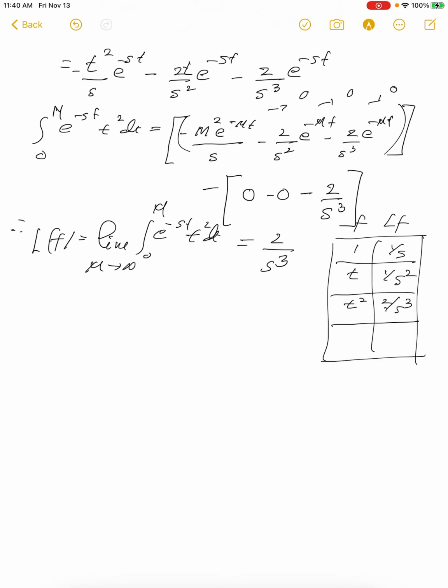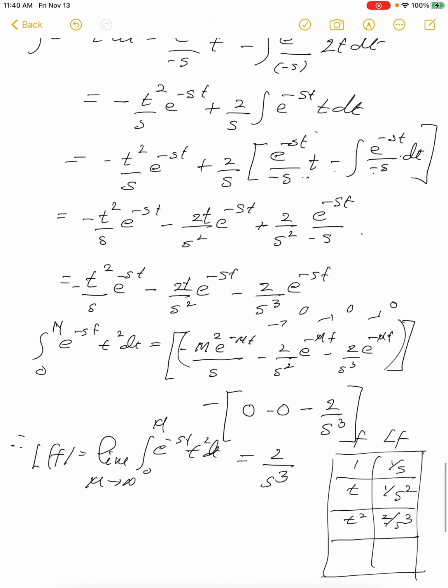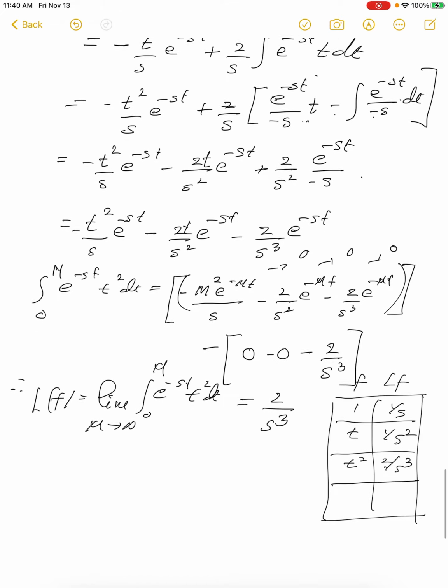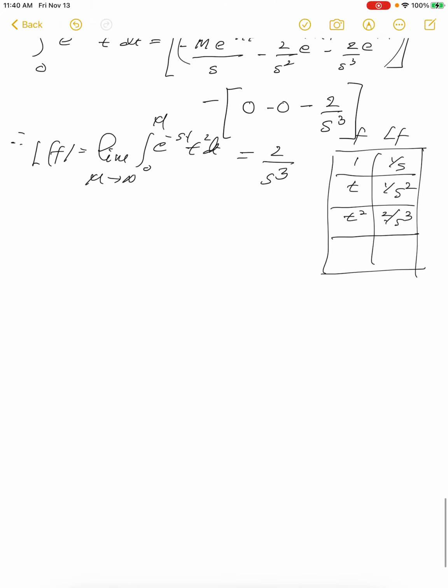Now you see why you got 2: when you are differentiating t square, you get 2t as a derivative. So if you had a t cube, you would get 3 times t square, and then you differentiate it again. That will give me 3 times the derivative of t square, which is 2t. So that's how you get 3 times 2 divided by s to the 4.